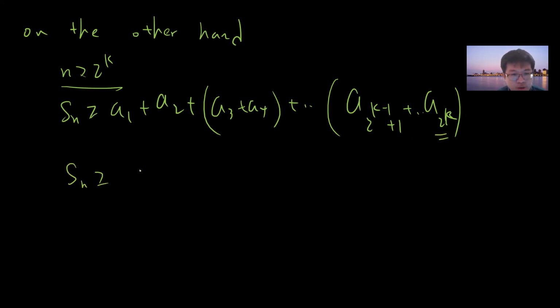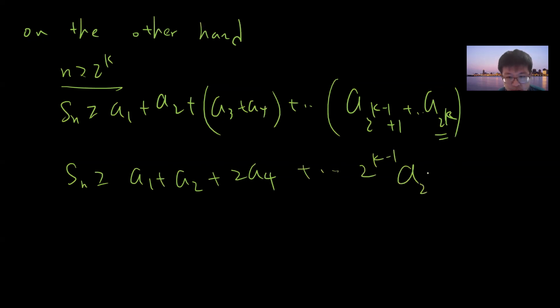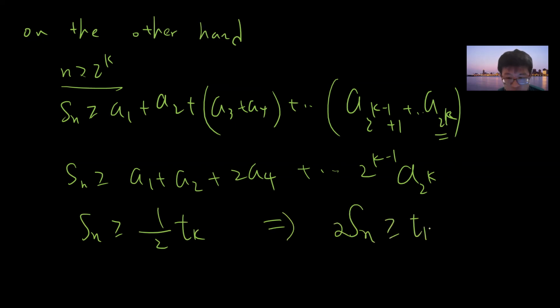So Sn is greater than or equal to half of Tk.